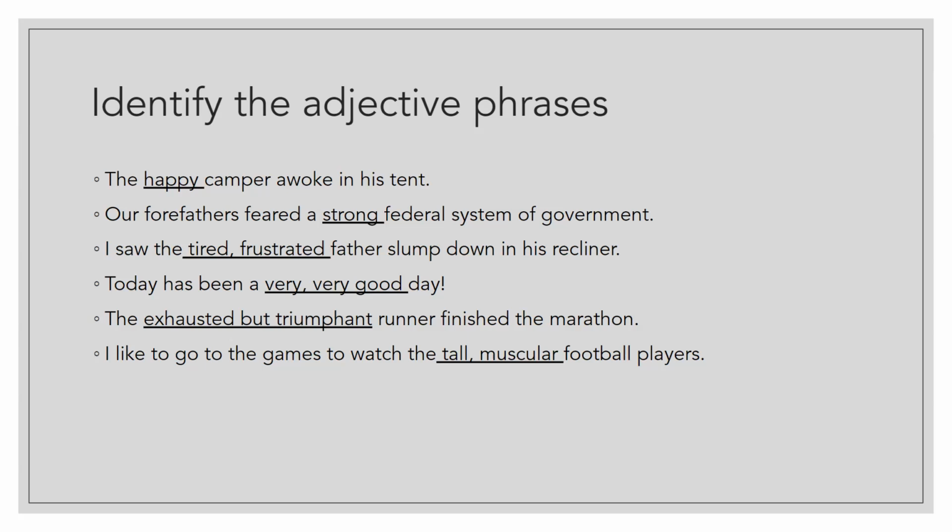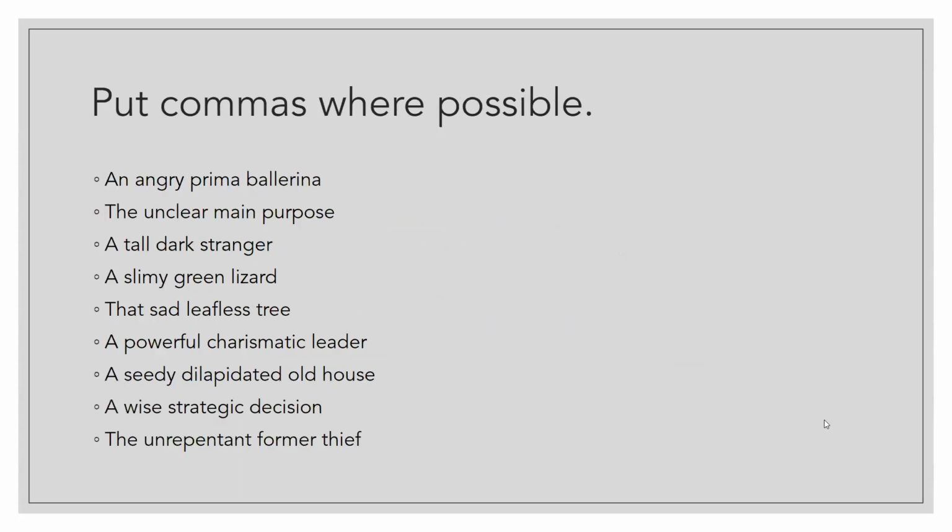You could have 2 or more adjectives combined with a conjunction, like exhausted but triumphant, maybe exhausted and triumphant. So conjunctions like but or and could be in there as well. But these are all phrases with an adjective as the head of the phrase. They're all adjective phrases.